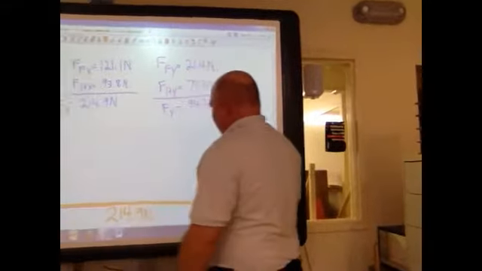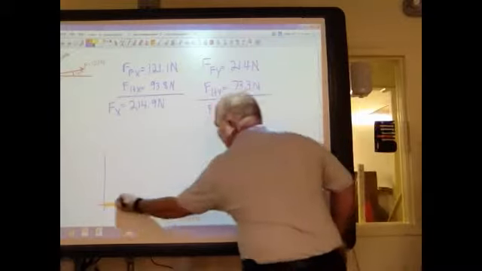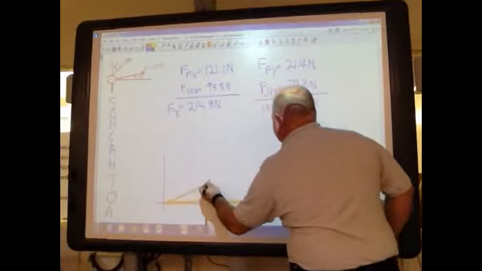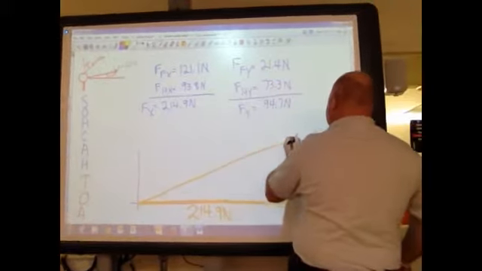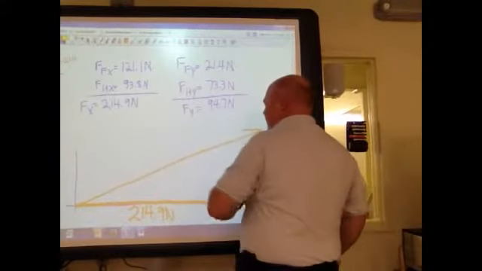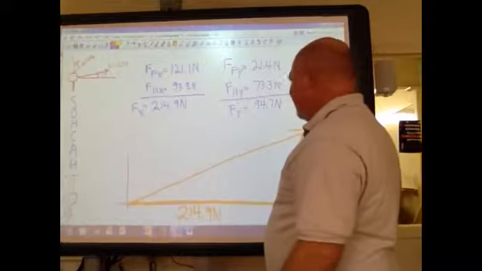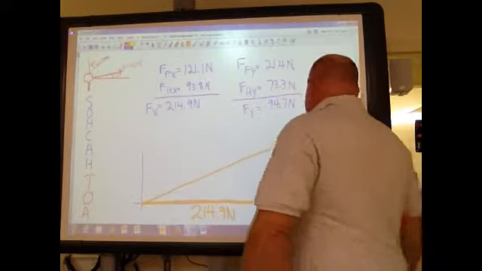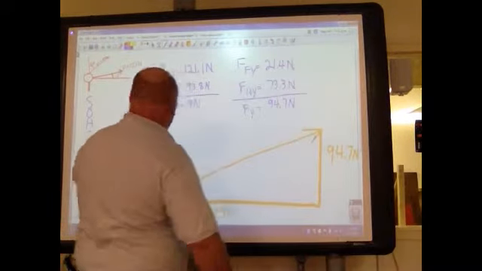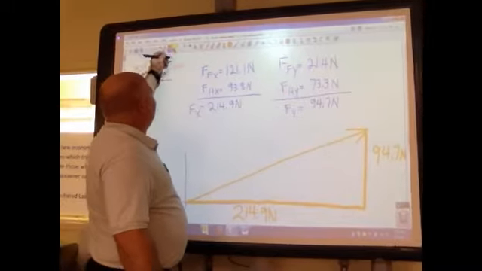Okay. Our new vector, if we draw from our start point here, that's our new vector. To determine the magnitude of that vector, I just use Pythagorean theorem.